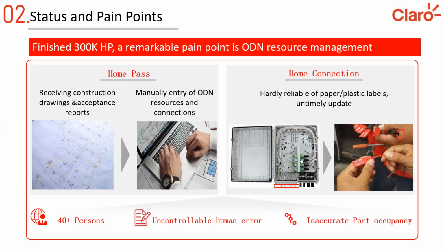And for us, in the previous ODN solution that we have, we were working in the home pass part. We received the construction drawing and acceptance report, and all the information had to be loaded on the system manually, and you can have many human errors loading the information.